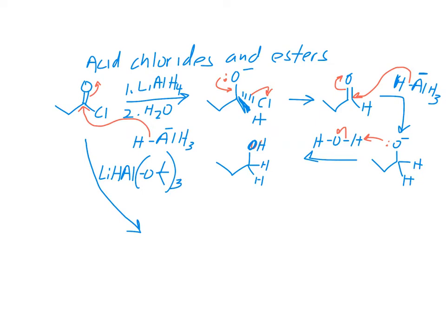And so this makes it less reactive. Okay, so we have to do that first. We still have to quench with water. Okay, this is less reactive than lithium aluminum hydride. And so for this reagent with an acid chloride, we can stop the reduction at the aldehyde.